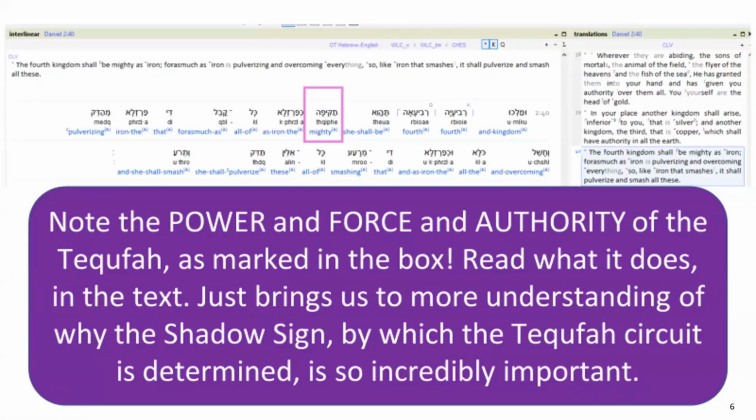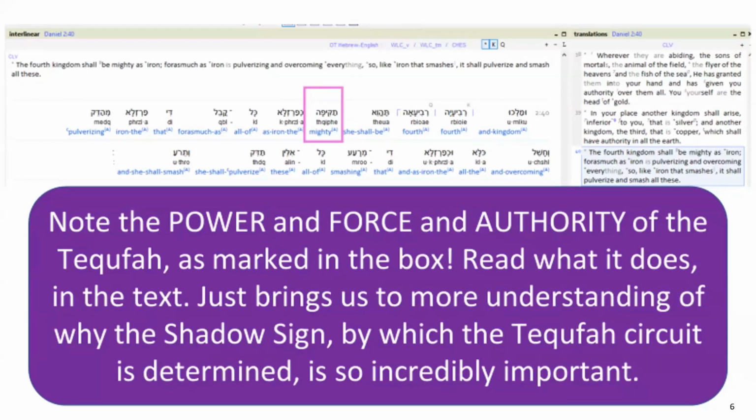I want you to note this power, force, and authority of the Tekufah, this straight line, as marked in that box. Read what it does in the text. It just brings us to more understanding of why the shadow sign by which the Tekufah circuit is determined is so incredibly important.